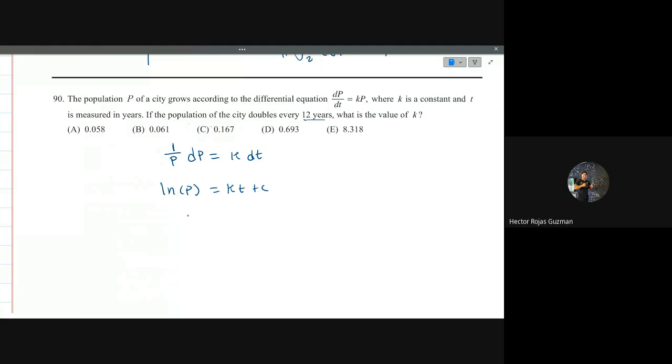Take e, use it on both sides. And the population doubles every 12 years.